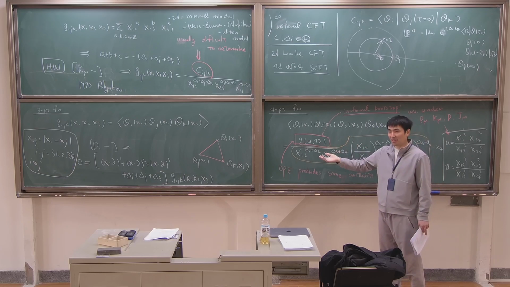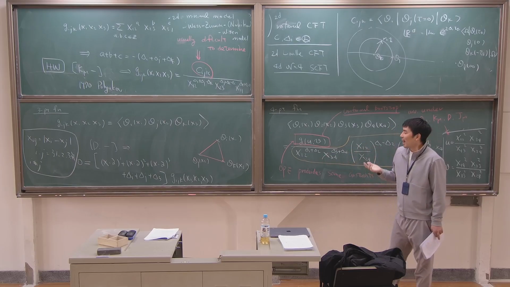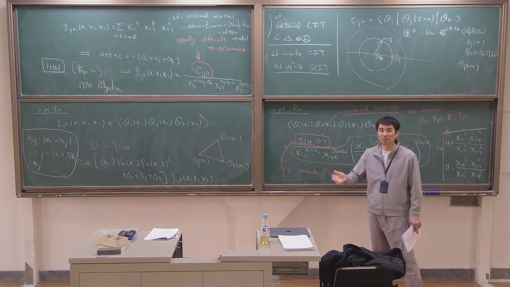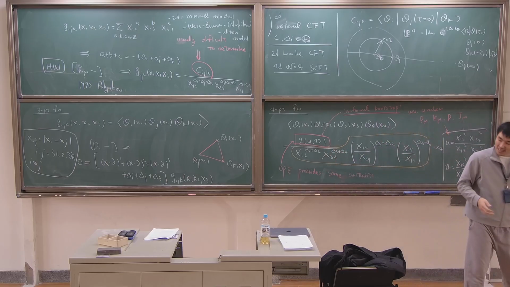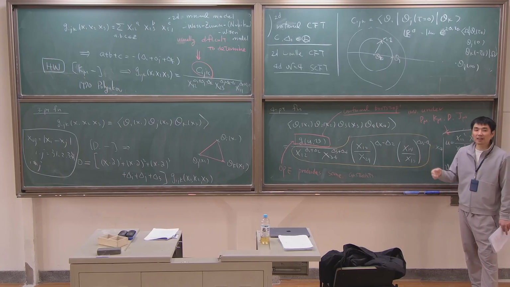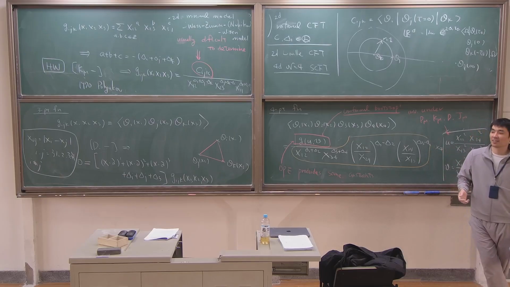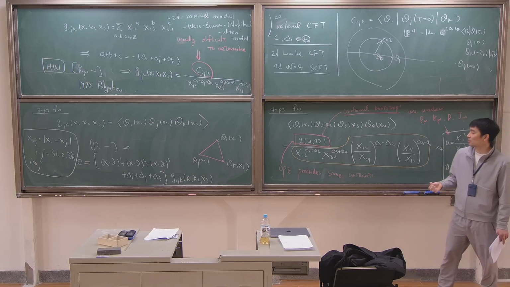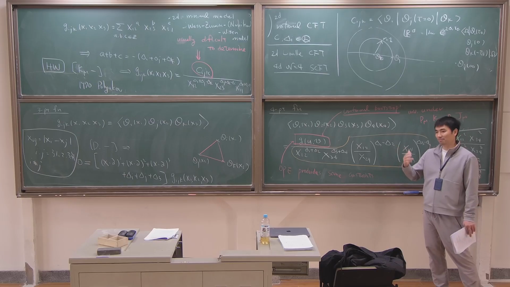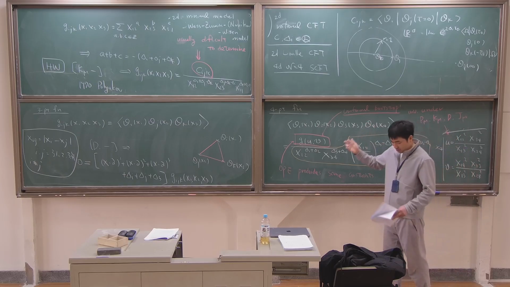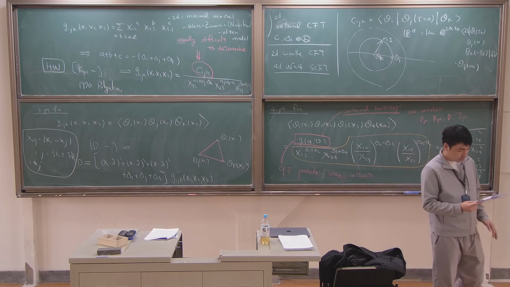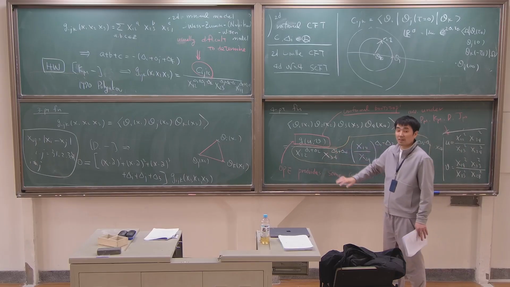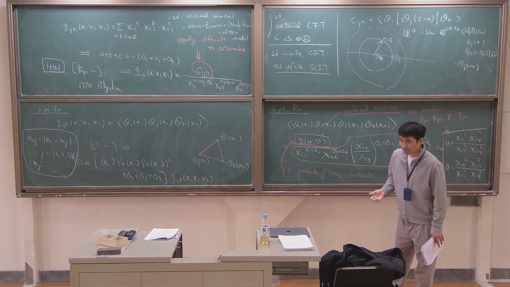But for higher dimensions, it was very difficult to determine this up until around 2010. Then Rychkov, Simmons-Duffin and others wrote lecture notes and used the conformal bootstrap technique to determine this quantity for the 3-dimensional Ising model.